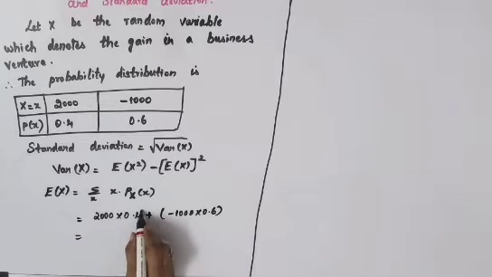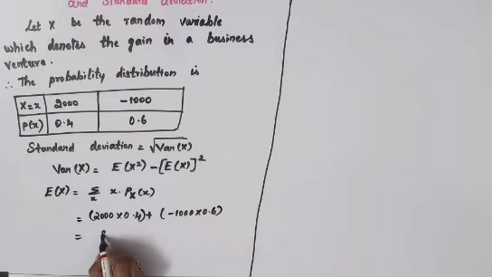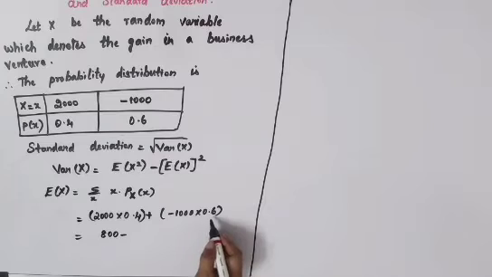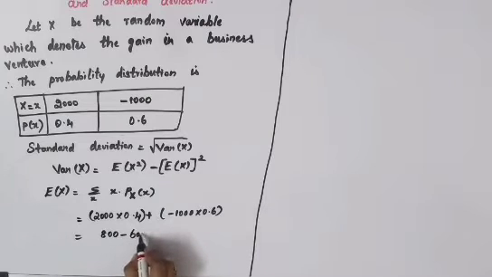Multiply these two first: 2000 into 0.4 gives 800, plus into minus is minus, 1000 into 0.6 gives 600. So 800 minus 600 will be 200. That is your E of x.